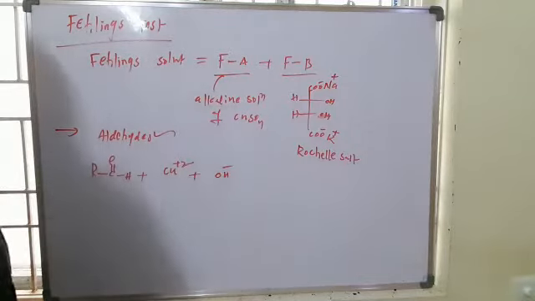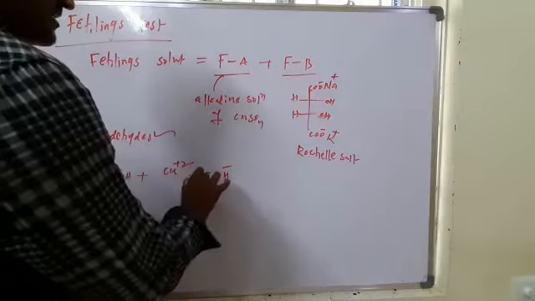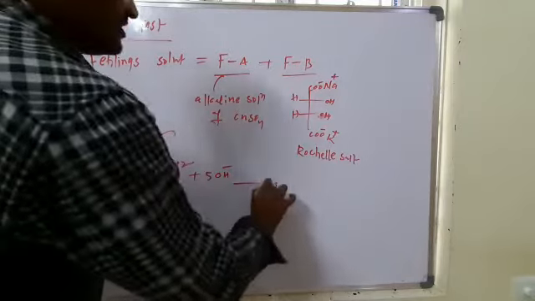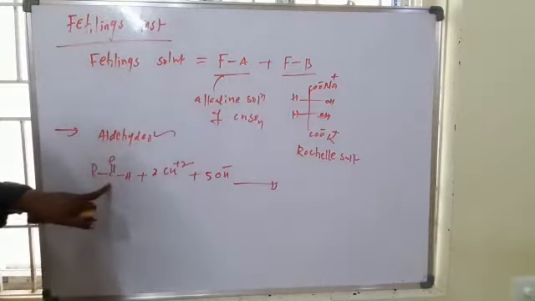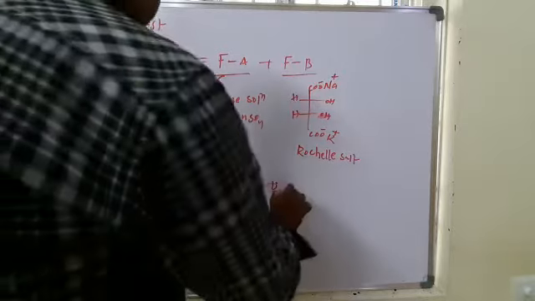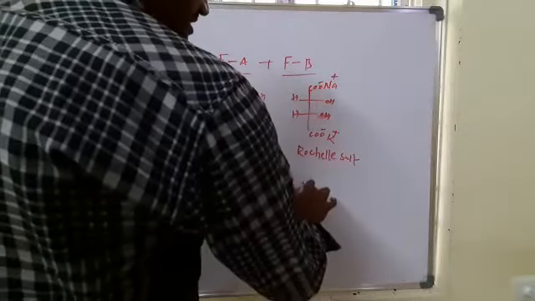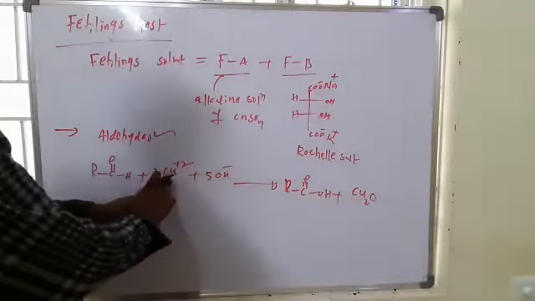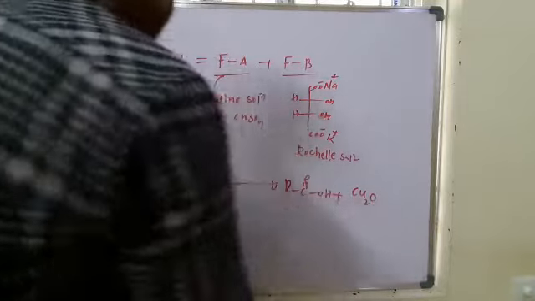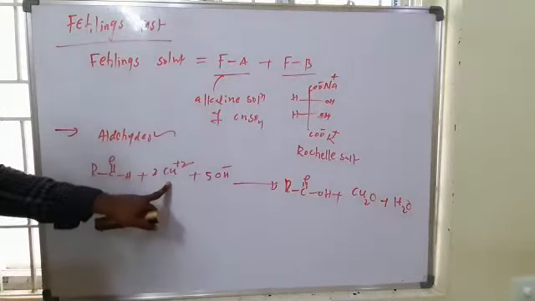So here also, any aldehyde reacts with copper +2, meaning copper sulfate solution with OH minus ions present in the alkaline solution, 2 moles, and the aldehyde goes to the acid form, RCOOH, and the copper forms cuprous oxide, along with cupric sulfate and water.